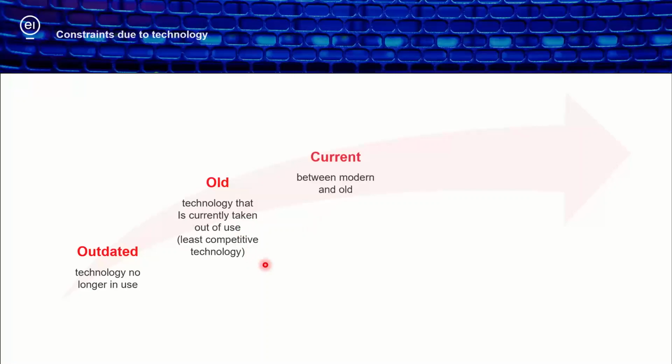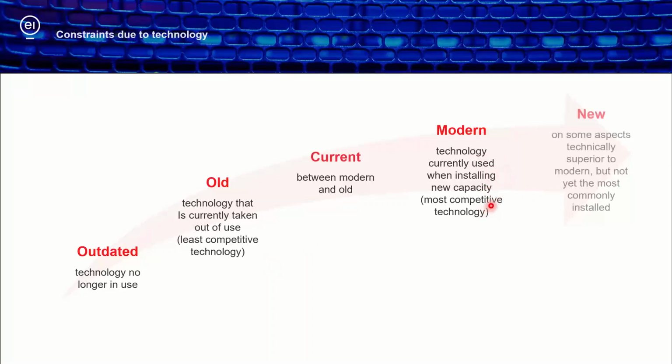Then in the middle, we have current. This is technology in between modern and old. Modern is technology currently used when installing new capacity, and this is considered the most competitive technology. We also have new technology, which is defined as technically superior in some aspects, but still not commonly installed.